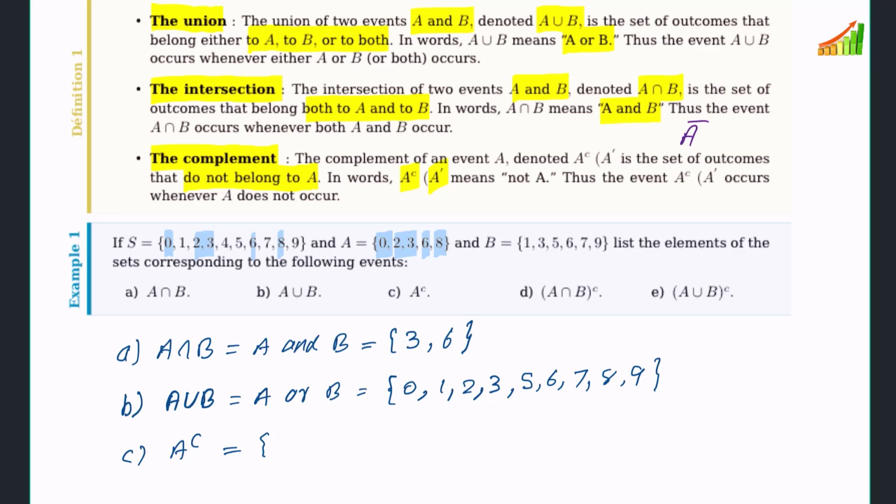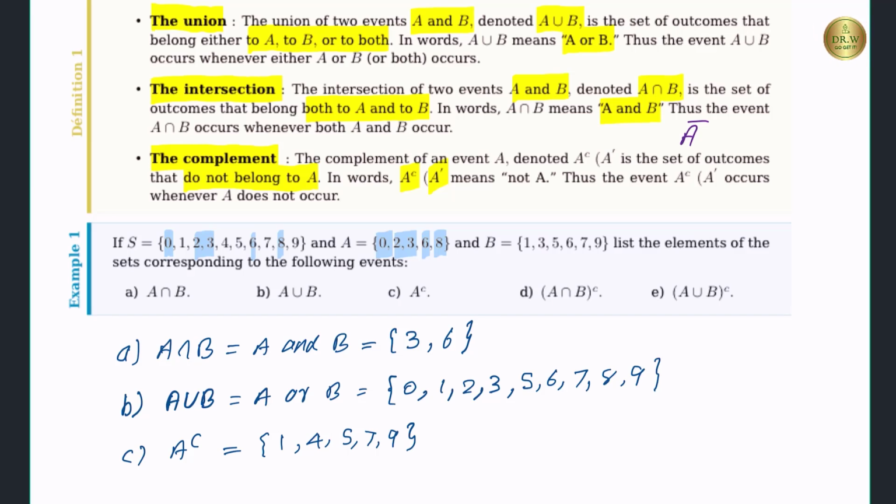Now, what are the rest of the elements in S? The elements are 1, 4, 5, 7, 9. That is the complement of A.